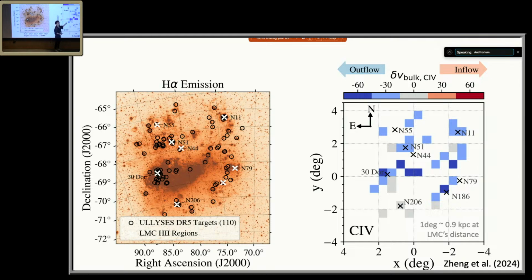Blue pixels show outflow, and the bluer the pixel, the faster the outflow. Like Kat said yesterday, near 30 Dorados you see faster wings coming out, and this is in carbon-4. It's also true in silicon-4 and sulfur-2. At the same time, you see this slower wing, about 30 kilometers per second, in regions that are not close to the major H2 regions. So that's one major finding in this work.